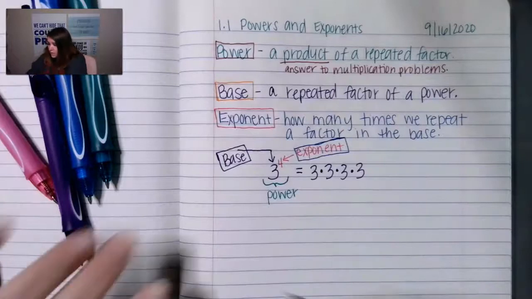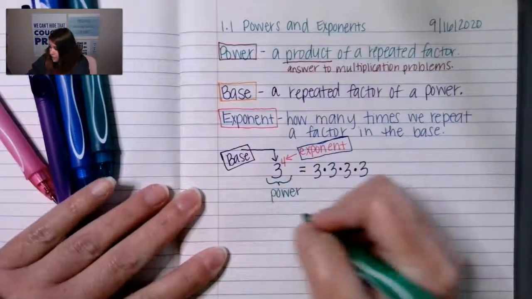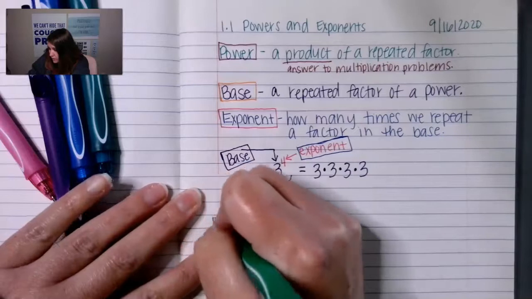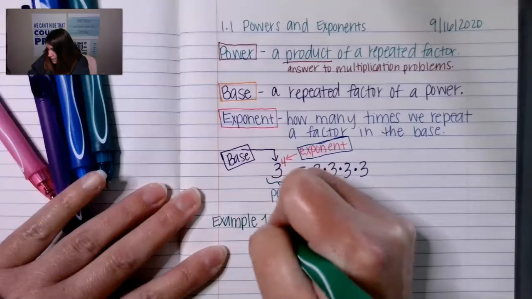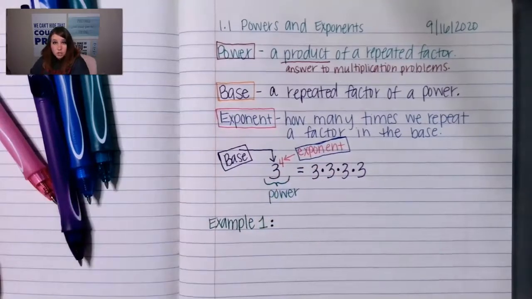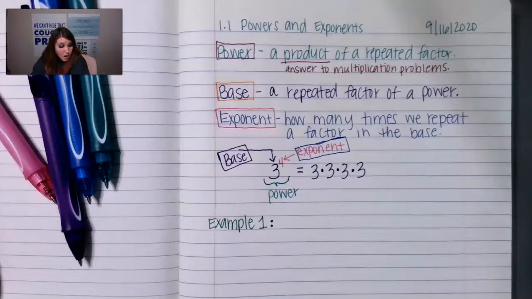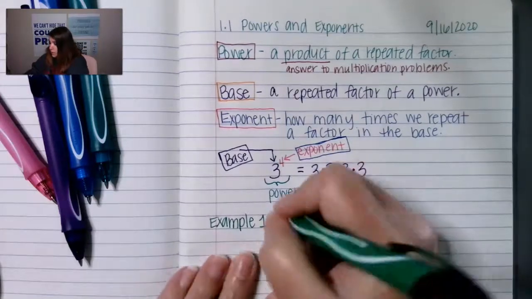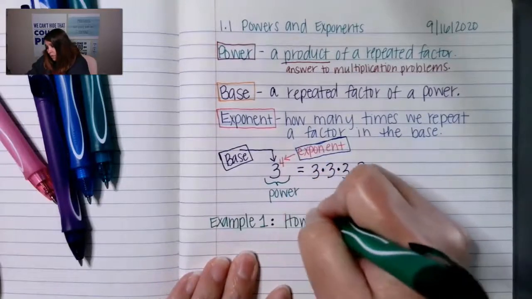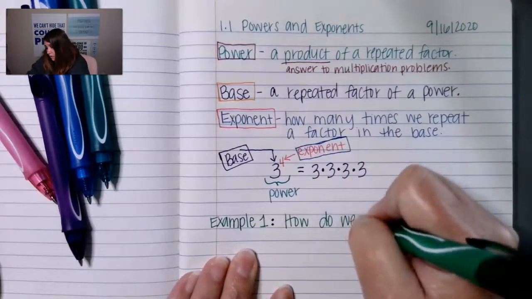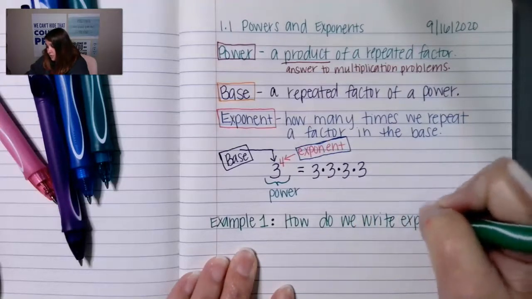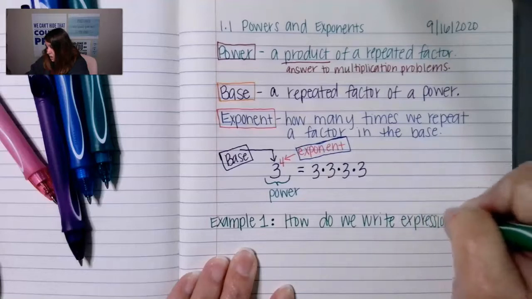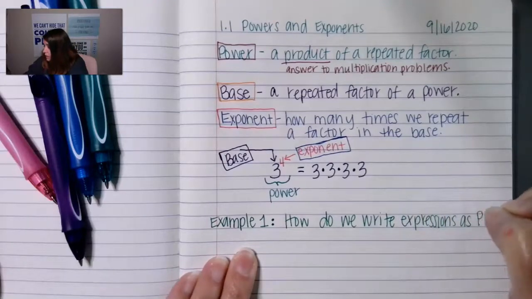And the question that we need to be able to answer in example 1 is our first question. How do you write expressions as powers? Okay, so that's our question. How do we write expressions as powers?